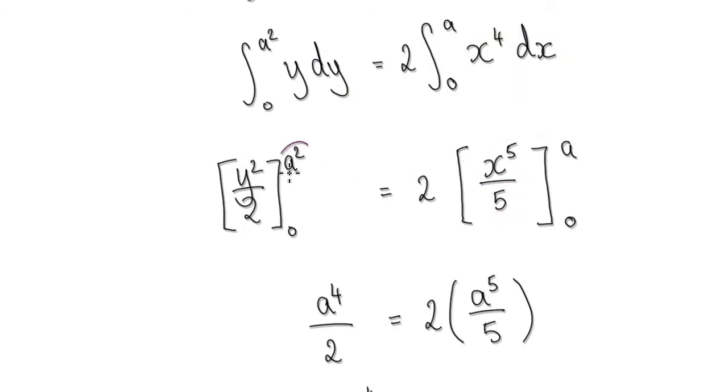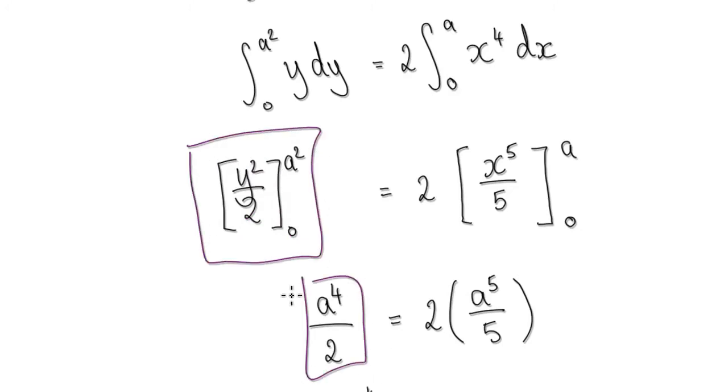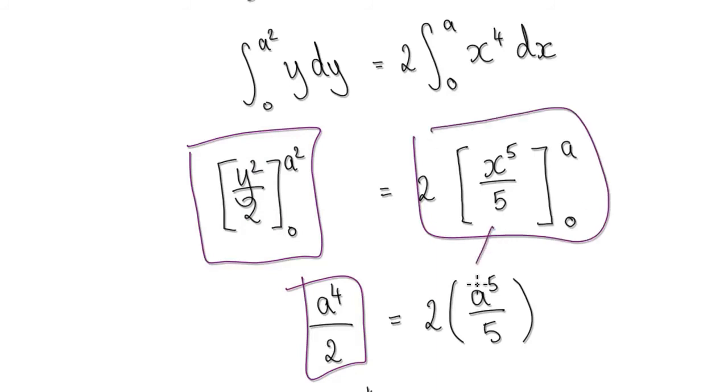Now put a squared into the y. That will give you a squared squared, which is a to the power of 4. Then take away, and when you put 0 in it disappears. So this whole block becomes this, and the same goes for over here.